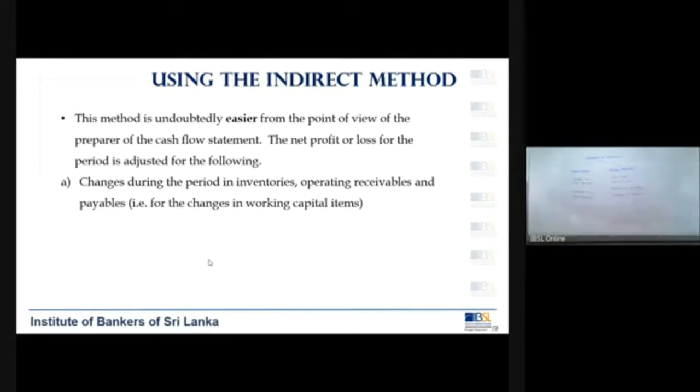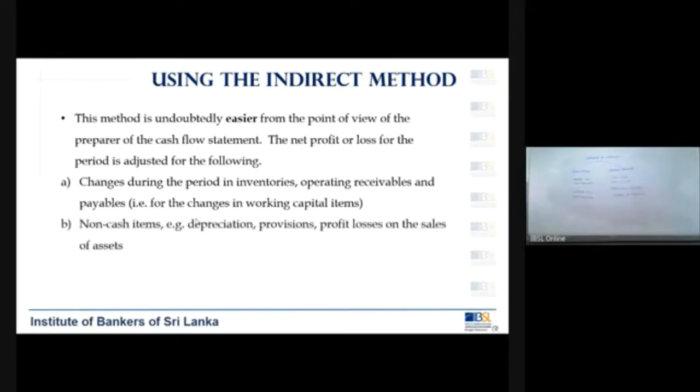Now you know what receivables, payables and inventory are. Inventory is your stock. So all your changes that have happened during the period in stocks, in your debtors or receivables, in your creditors or payables, that you need to adjust. All these elements are known as your working capital items.